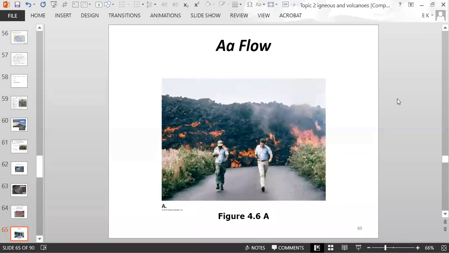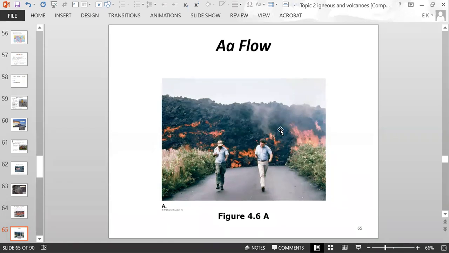And then this is an example of an A'a flow, and you can see it's almost like a wall of lava piled high, and lava moves pretty slowly. It's not like in a movie where you have lava flowing really quickly, chasing after people. It's more of a slow moving process.